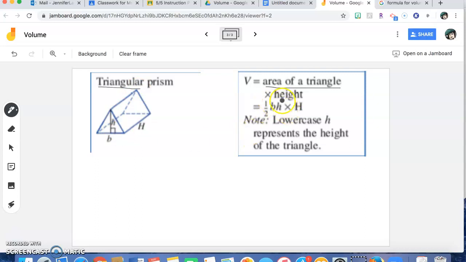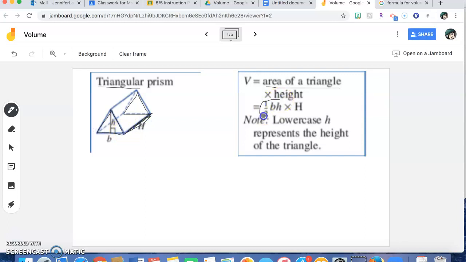So I have to follow that formula, 1/2 times base times height, and then I multiply it by the height of the whole prism. Or I like to look at it as the line that connects the two triangles. So there's one triangle in the back here and one in the front. And the length that connects it is this one.